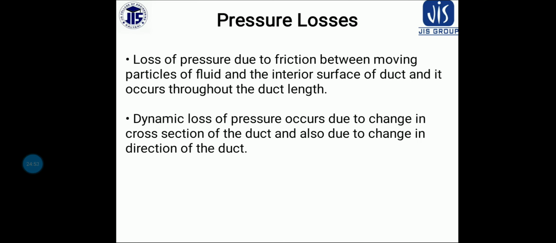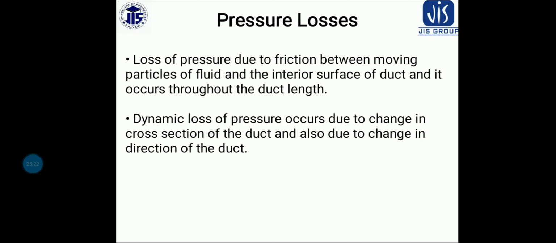The loss of pressure due to friction in a duct may be obtained by the Darcy formula, Pf is equal to F L rho A C square by 2m, or 4 F L C square by 2gd. So that is the Darcy-Weisbach formula.